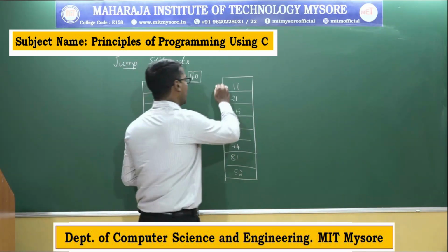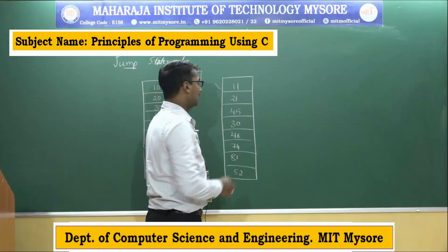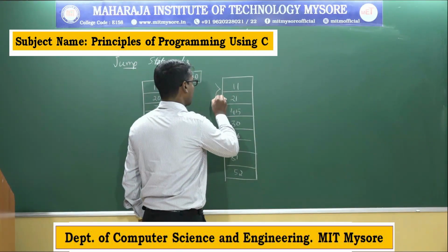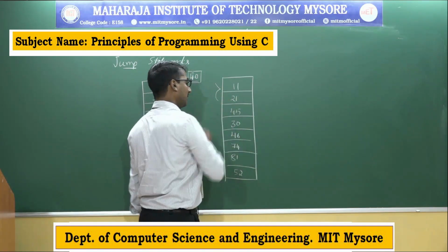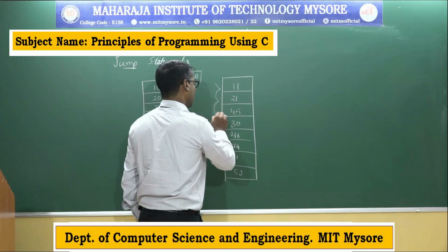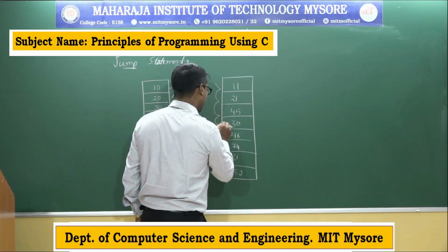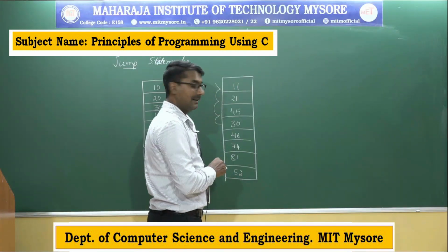Now consider the first one. The first one is an odd number, no need to perform the sum. Next, we need to compare the next element. 21 is also an odd number. 45 is also an odd number. Then the number is 30. We need to add this 30.